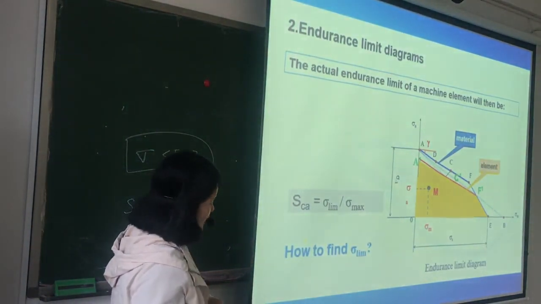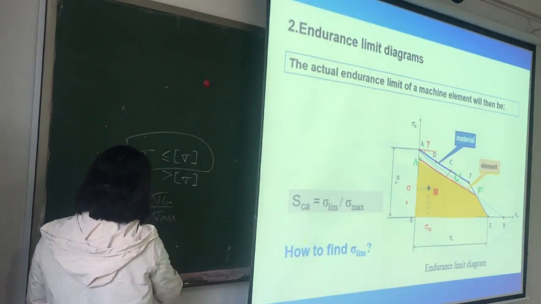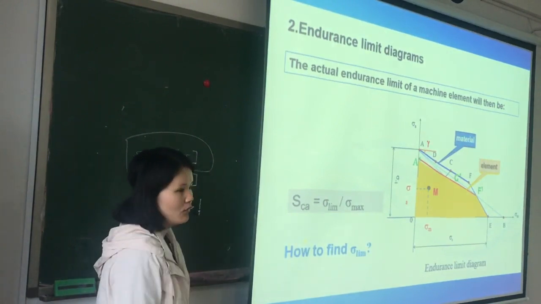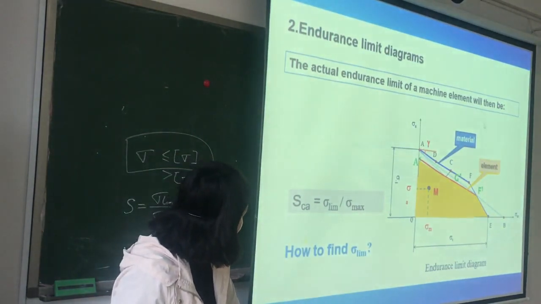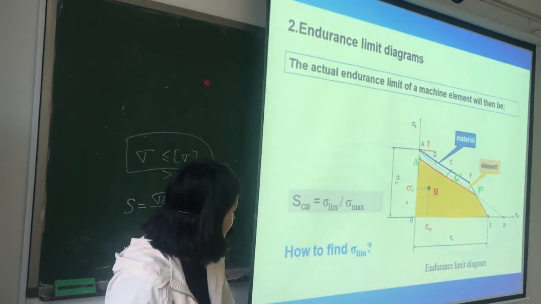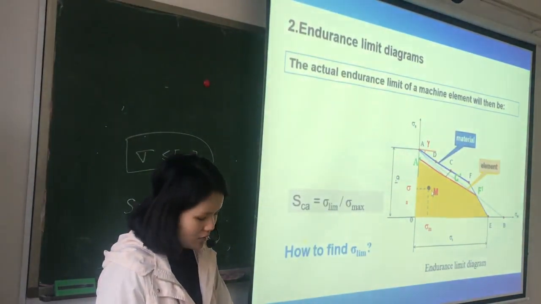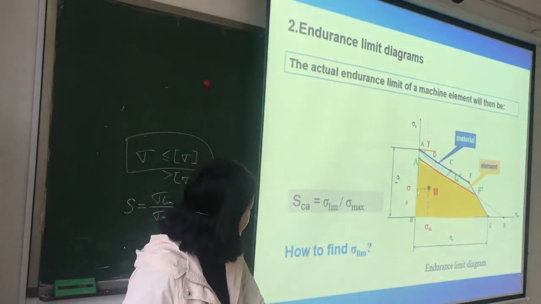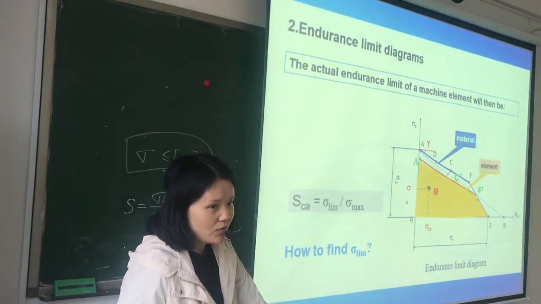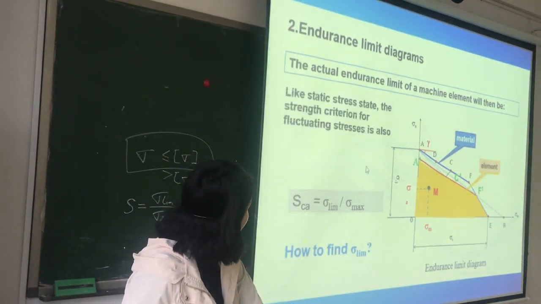Okay, and the value of S is larger than 1. Okay, so how do we find the sigma limit for this point? It is on the line A1, F1, and we should locate the position.